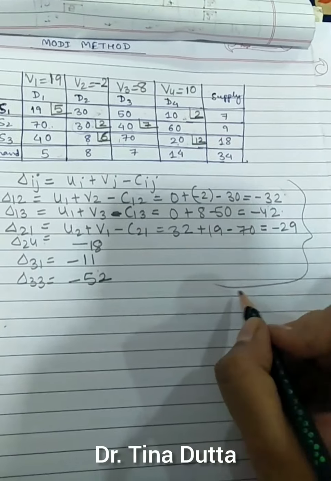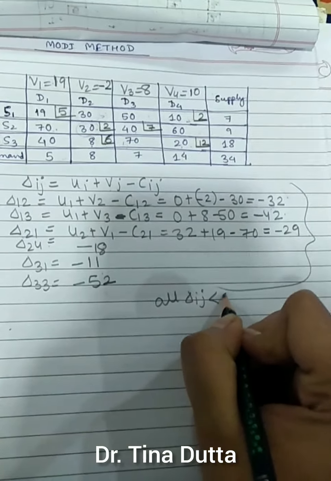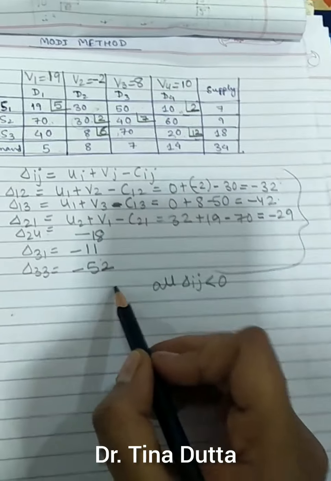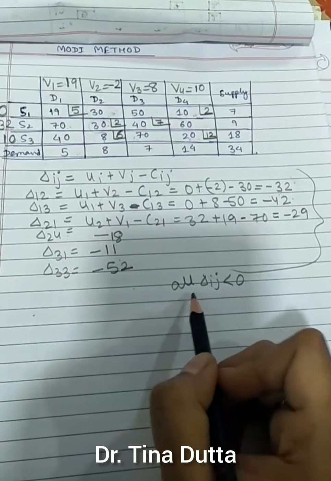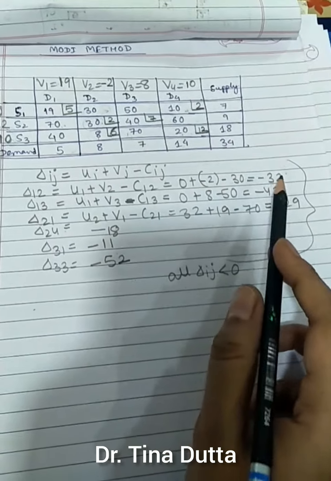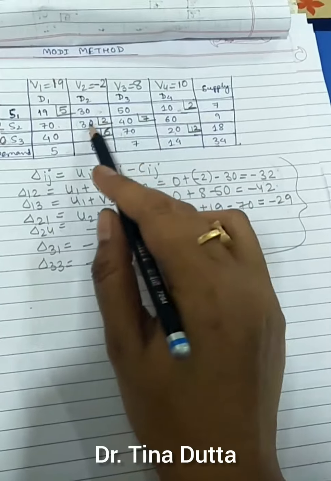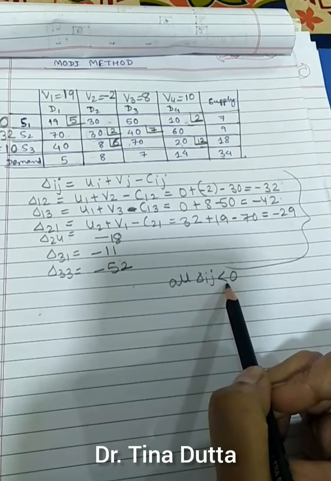So all delta IJ are negative, and no delta IJ is equal to 0. So that means the solution is unique and optimal. Because delta IJ is negative, there is no positive opportunity cost for any of the unselected routes. So that means we have reached optimality.